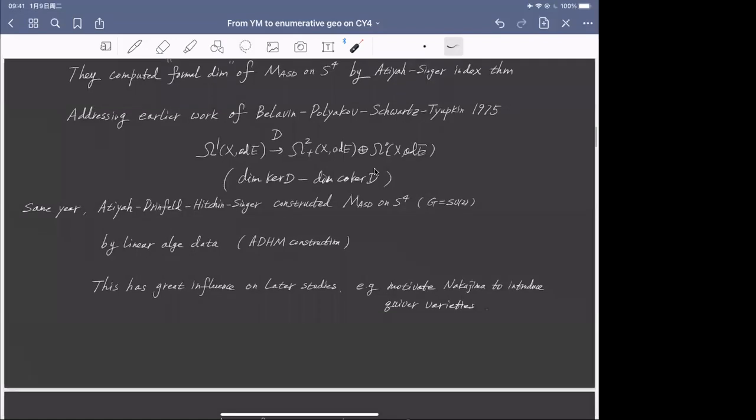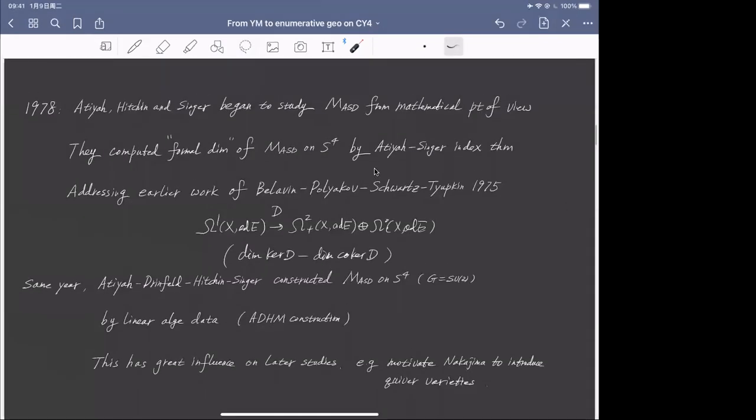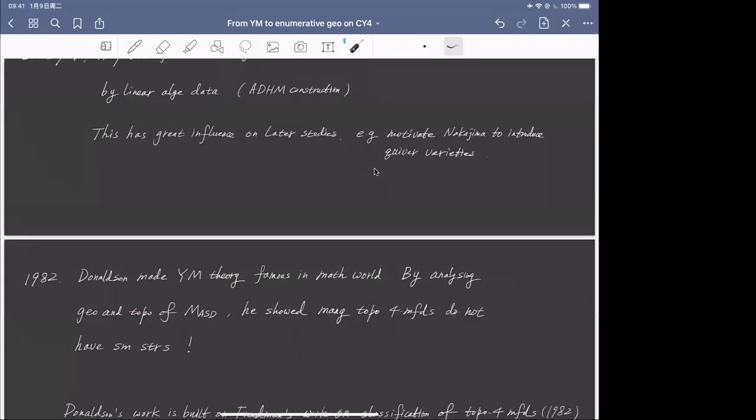Okay, so you see that Atiyah began to study this Yang-Mills theory in 78, and only after 4 years one amazing breakthrough appears. This is what Donaldson did in his PhD thesis. Donaldson made Yang-Mills theory famous in the mathematical world by analyzing the geometry and topology of this moduli space.